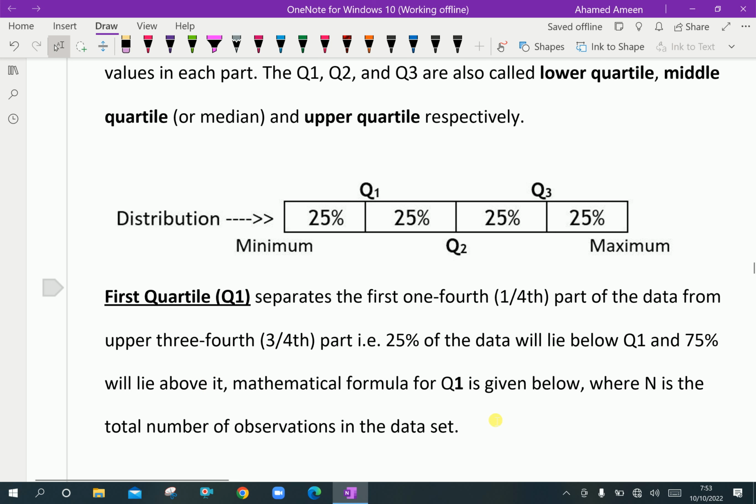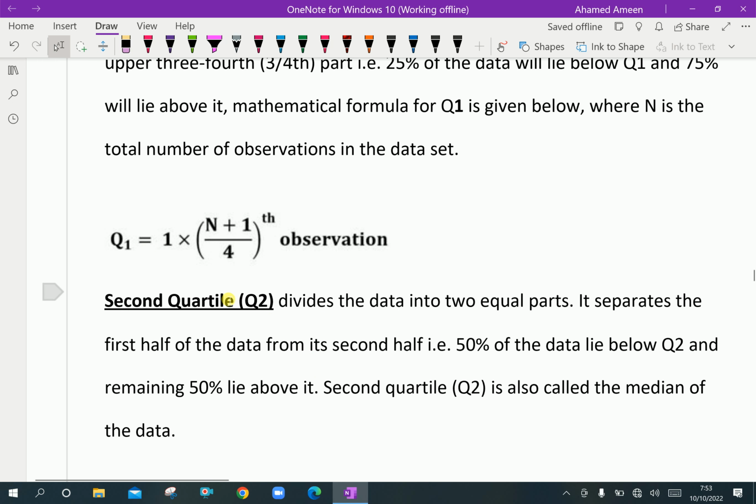The mathematical formula of Q1 is given below, where n is the total number of observations in the data set. Q1 is 1 into n plus 1 over 4th observation.